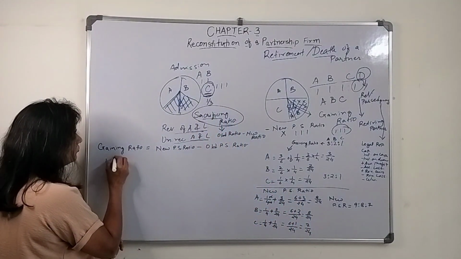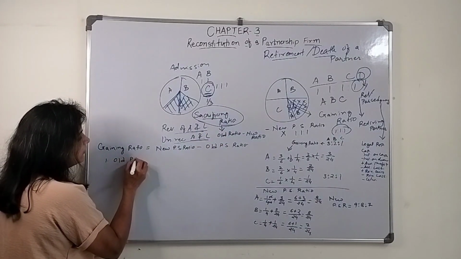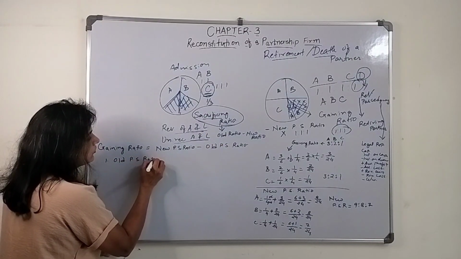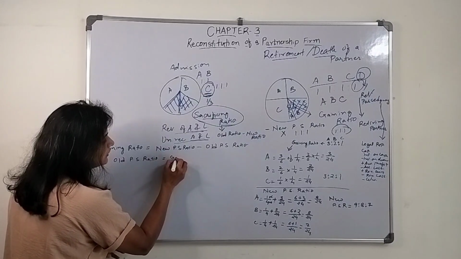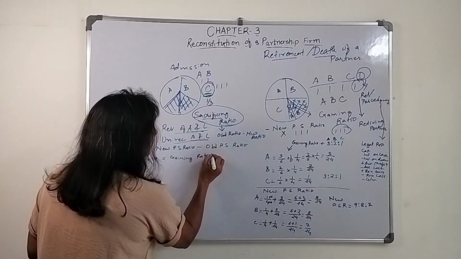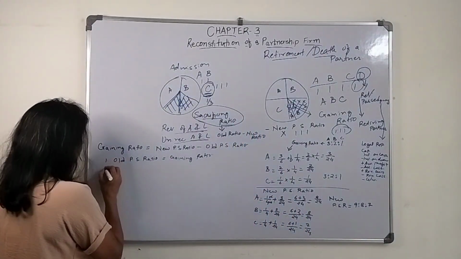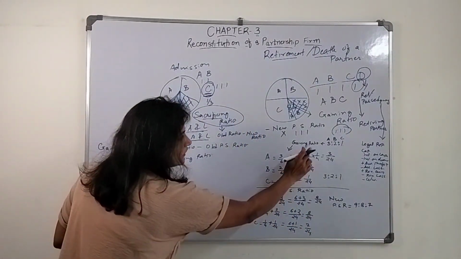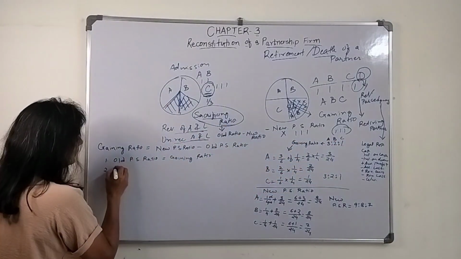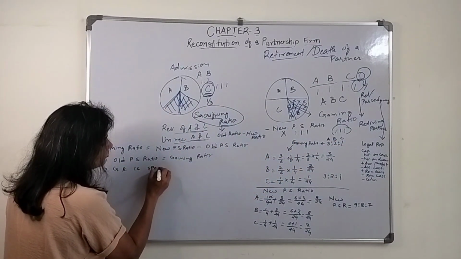The first situation could be nothing is specified, so old profit sharing ratio is equal to the gaining ratio. Nothing is specified means old profit sharing ratio is the gaining ratio. Second situation could be they could have specified the gaining ratio, so you need to determine it.